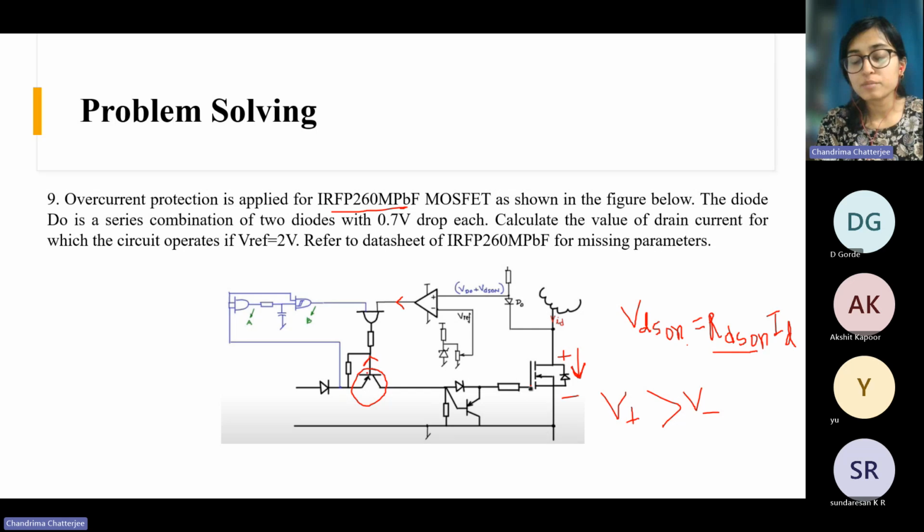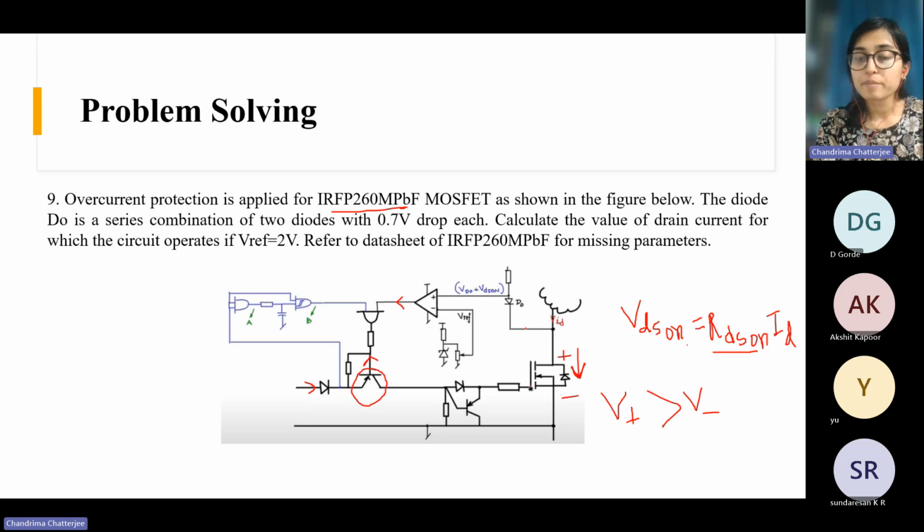So this BJT is open. This BJT is off, and the current can't flow like this. Current can't flow through this path, and if there is no current here, then there is no gate current also, and there is no gate pulse also, okay? So then your MOSFET will be off, okay?